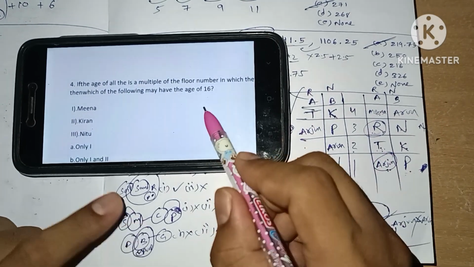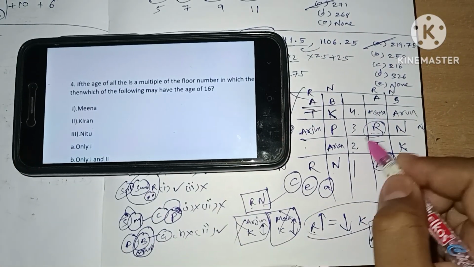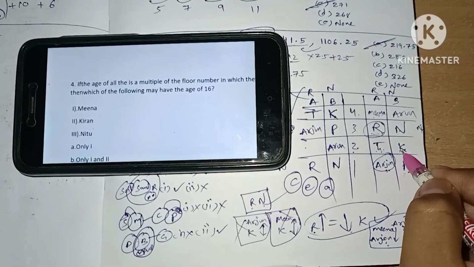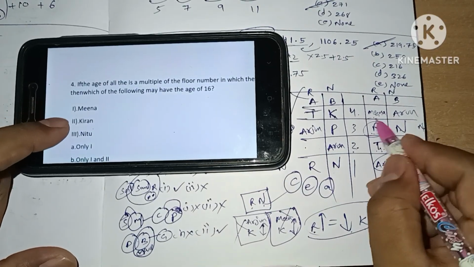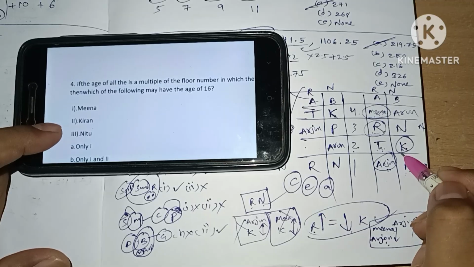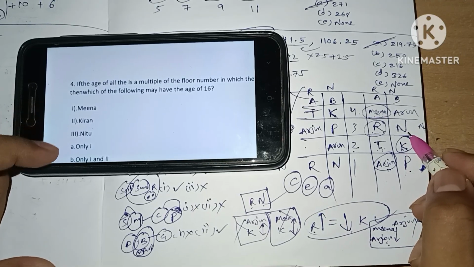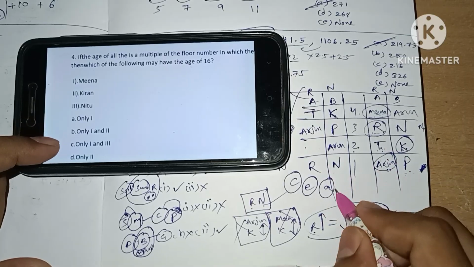So talking about 16, 16 is a multiple of the factors 4 and 2. So the people are these four. Options given are Meena and Kiran, yes. Neetu, no. So 1 and 2 is our answer. Option B is our answer.